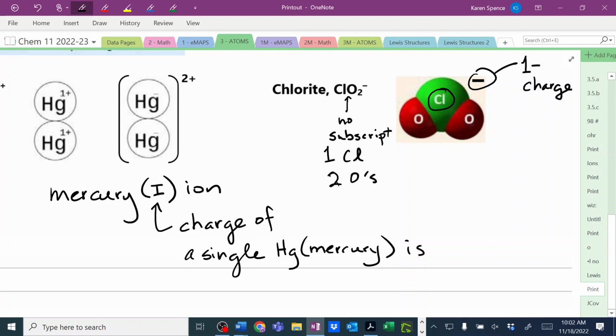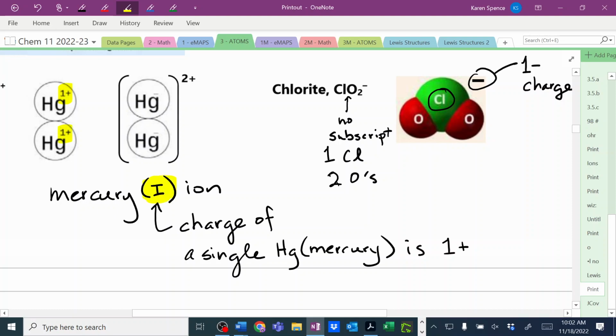Of course it stands for 1. So 1 plus. See how each mercury has a 1 plus? That's why it's called mercury 1.